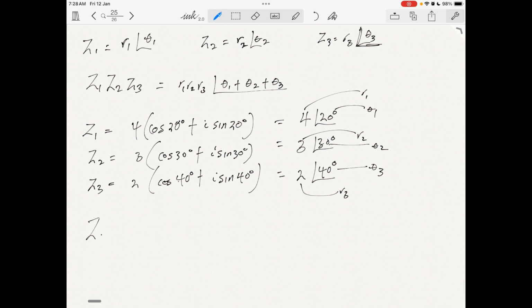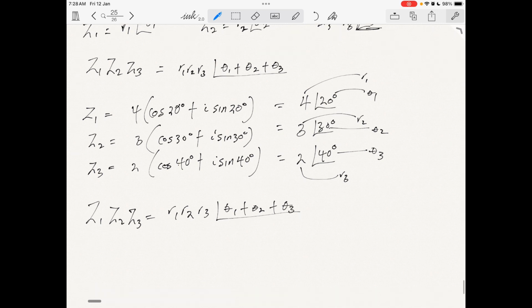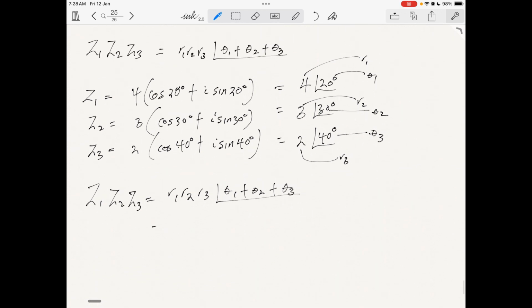So following the formula, z1 z2 z3 is equal to r1 r2 r3 argument theta1 plus theta2 plus theta3. So we take our r1, which is 4, multiplied by our r2, which is 3, multiplied by our r3, which is 2. And then we add the arguments 20 degrees plus 30 degrees plus 40 degrees.